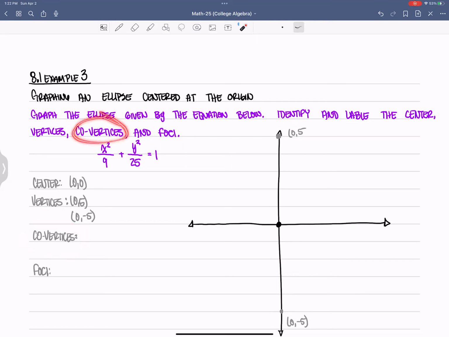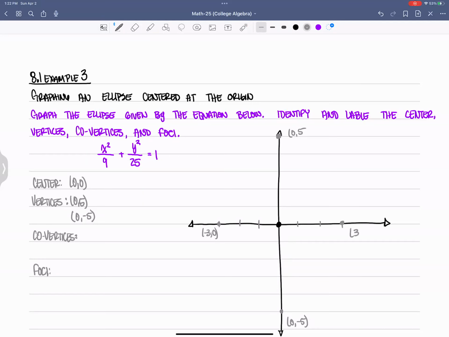So co-vertices are going to be the smaller of the two, the minor axis. So here in the x direction, we're taking the square root of 9, which is 3. We're going 3 units to the left and right. So 1, 2, 3. This gives us a point when x is -3, y is 0. And same thing over here, 1, 2, 3.